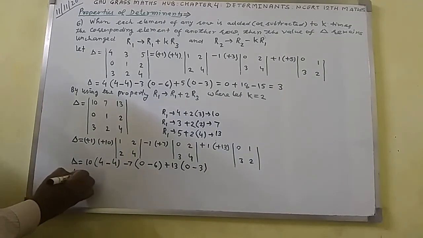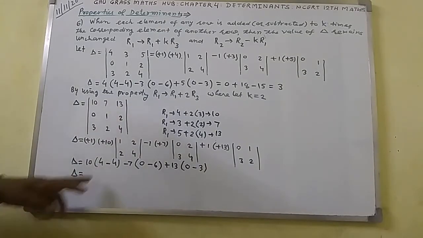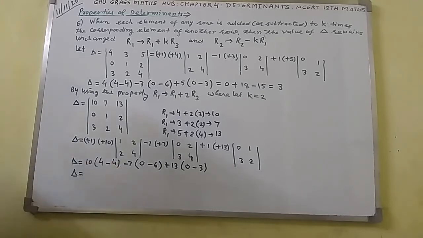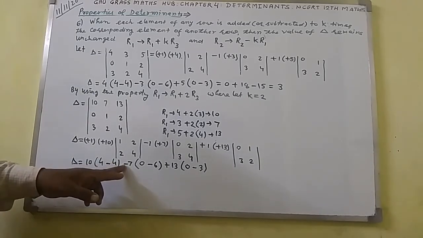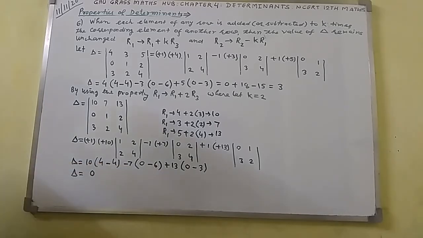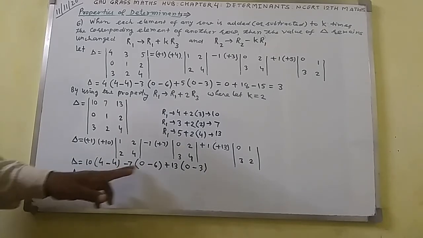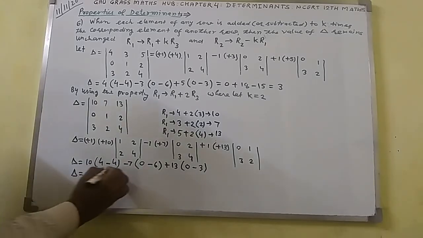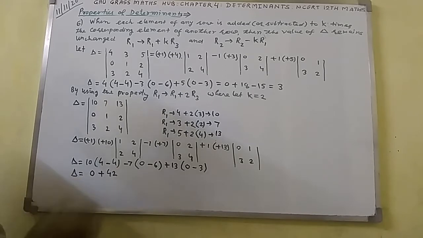Now find out the determinant here. 4 minus 4 comes out to 0. Whole term it will become 0. Here you can see minus will multiply to minus. Comes out to here plus. And 7 times 6 is 42. We will get 42.